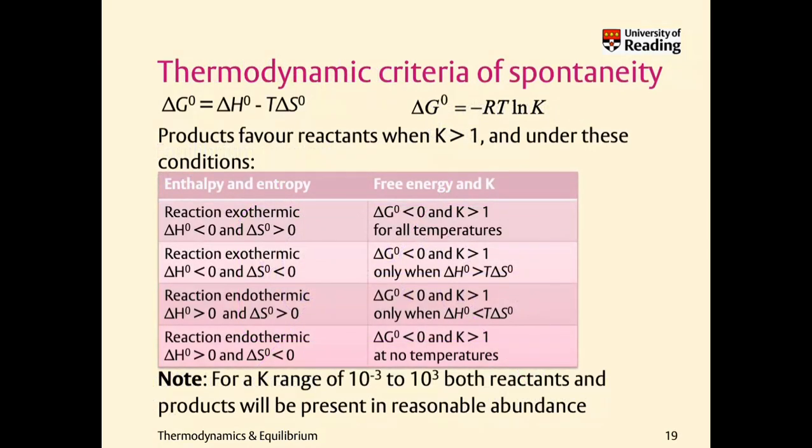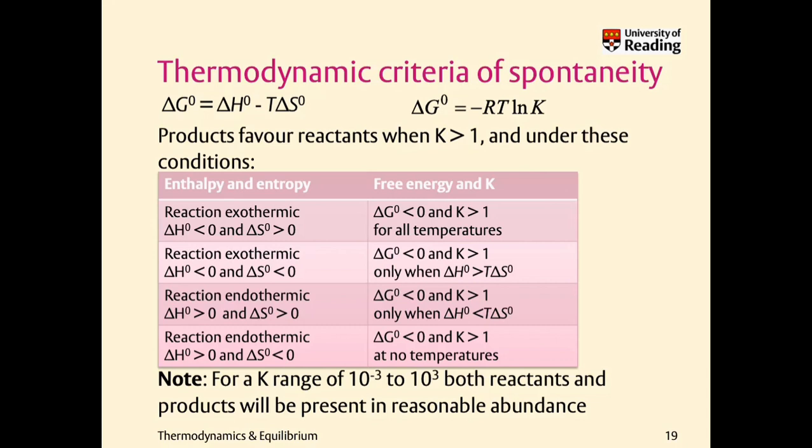This summary slide initially looks complicated, but if you take time to look at it with the equations written above, you will see it helps to show what conditions lead to a negative delta G and therefore a spontaneous reaction. Looking at the top line, for a reaction that is exothermic, where delta S is positive, the reaction is favourable both in terms of entropy and enthalpy change.